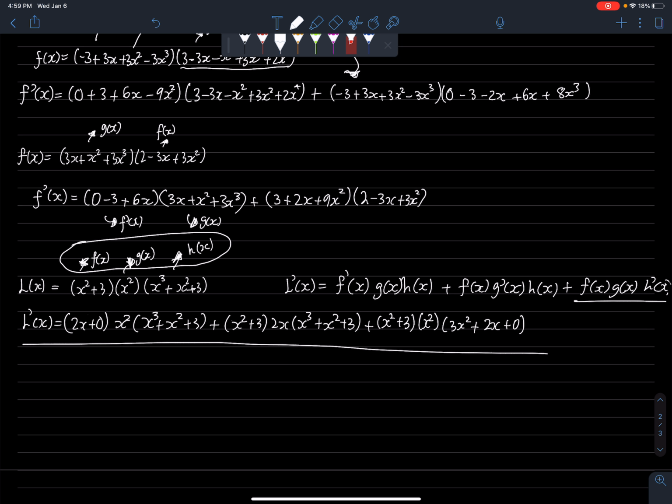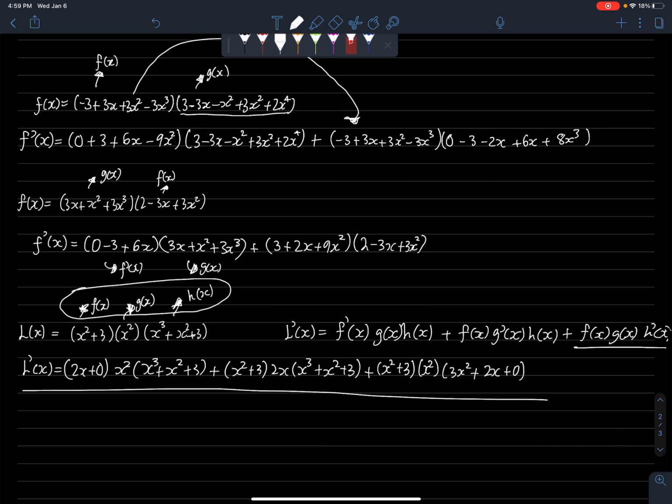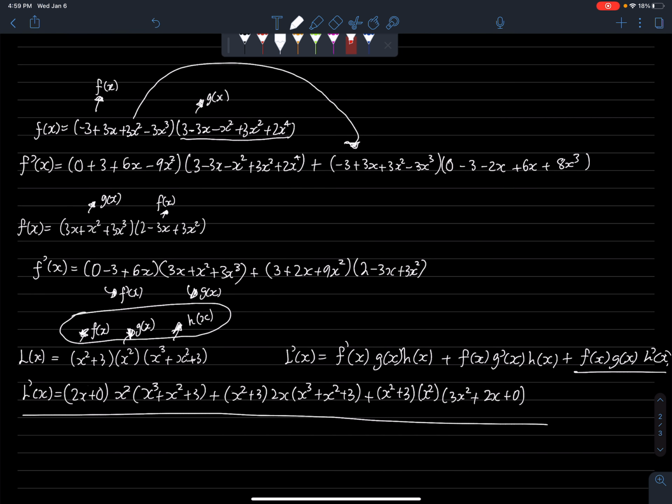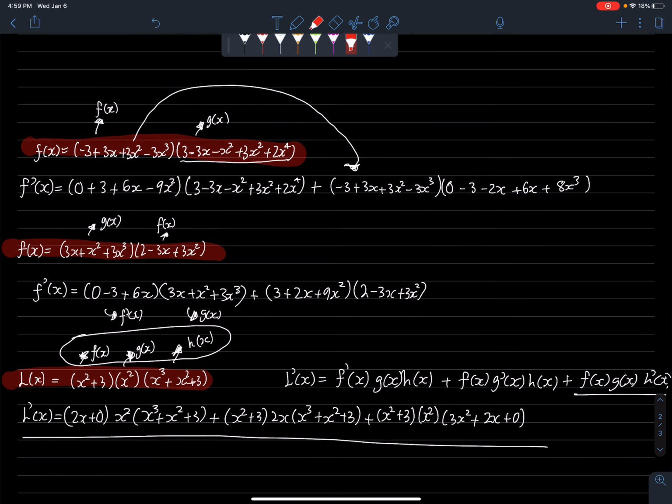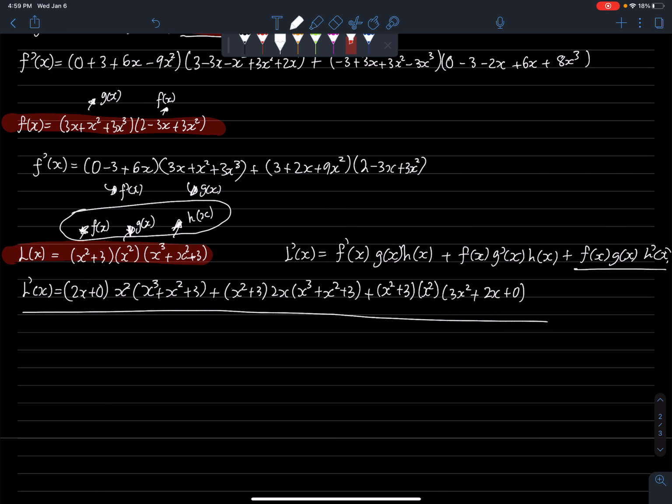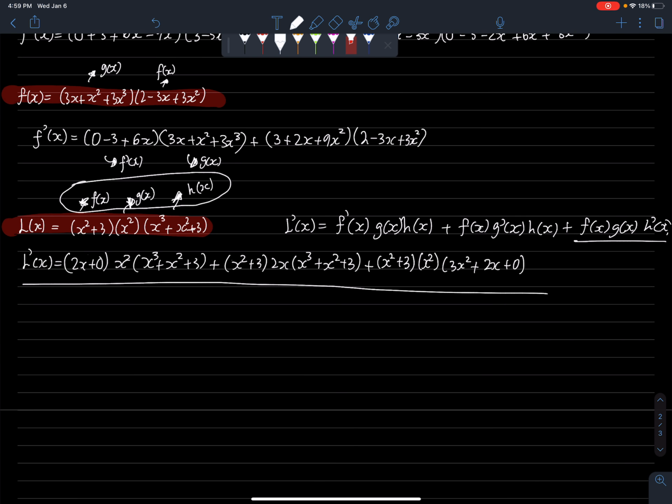Now, this example right here, I'm going to highlight it in red. This is the best time to use something like the product rule, or this one. Even this one, because I would multiply in, for example, the x squared and the x squared plus 3 first, and then I would do product rule. But the product rule really shows its power when you have no other option.